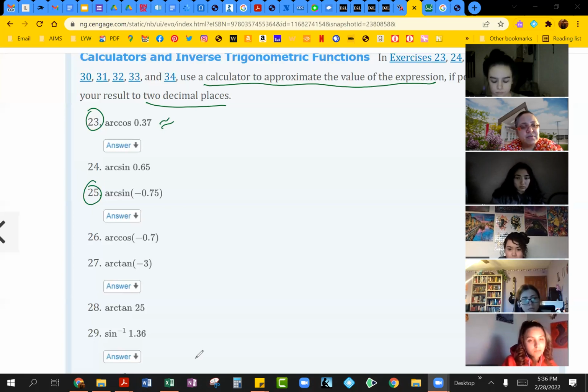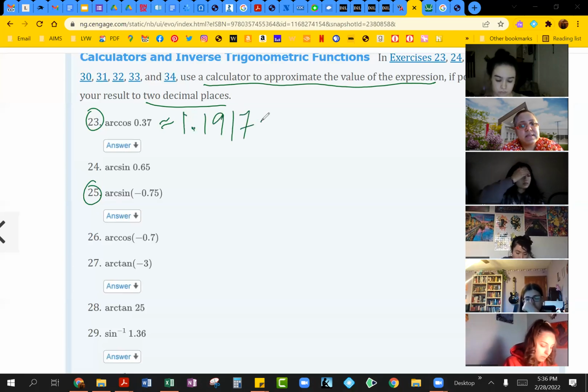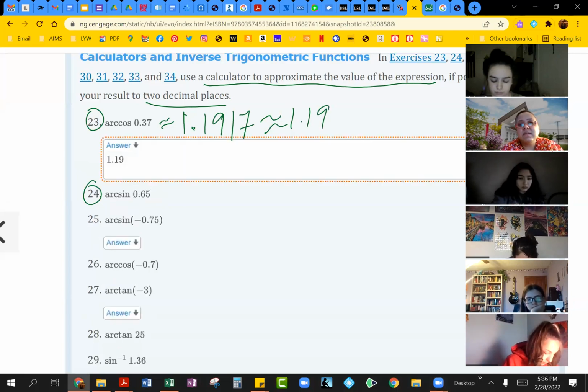Okay, I see Andrew, Savannah, Lucy, yeah, and you're rounding it to 2 decimal places. So you get 1.1917, which would be 1.19, and you can see that right over here.